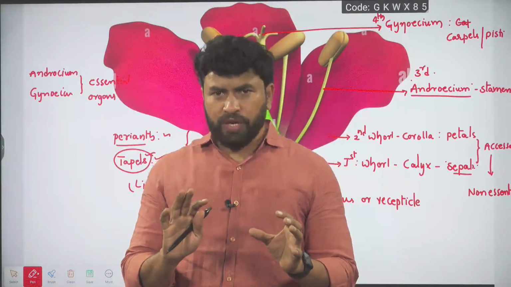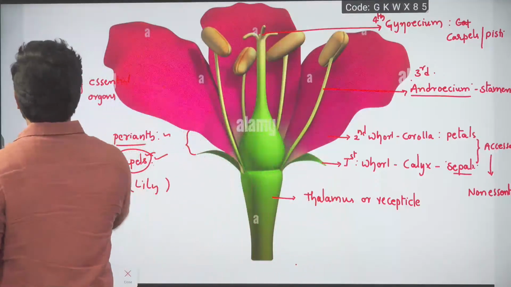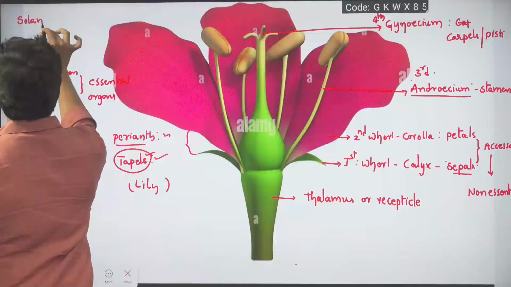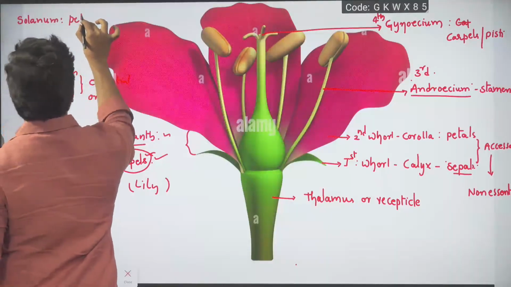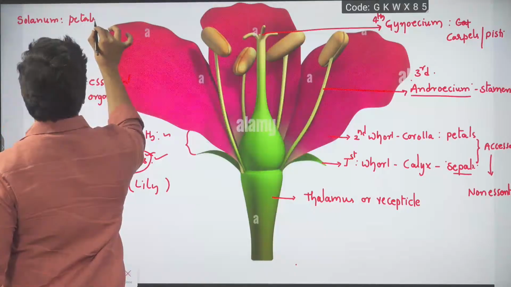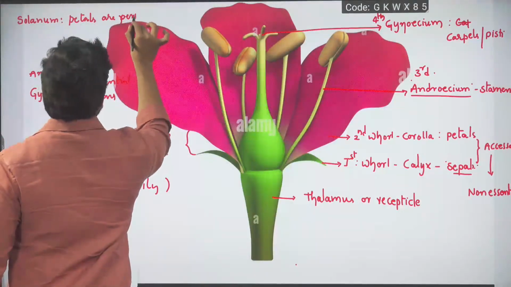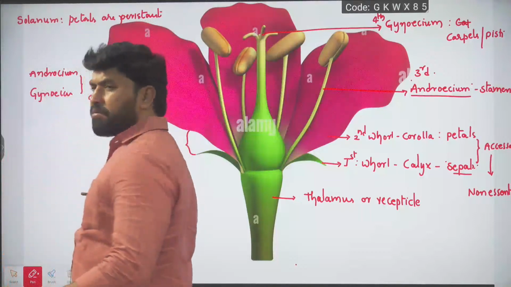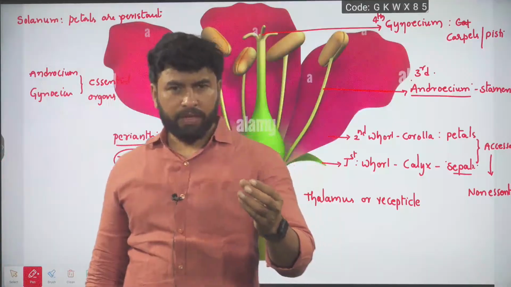This is usual, but rarely, in Solanaceae members like Datura, Solanum, chili, brinjal, sepals are persistent even after fertilization.